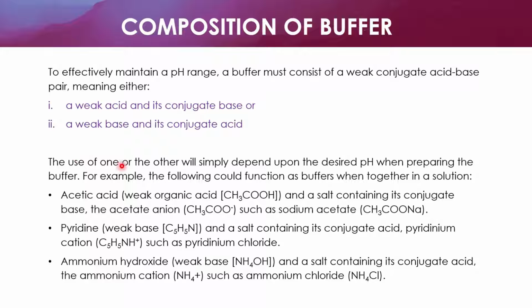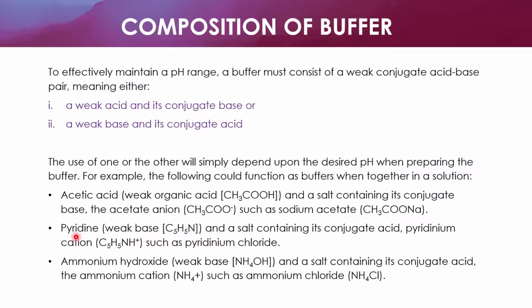And the use of one or the other will simply depend upon the desired pH when preparing the buffer. For example, the following could function as buffers when together in a solution. So example one, we have acetic acid, which is a weak organic acid, and a salt containing its conjugate base, which is the acetate anion, such as sodium acetate.